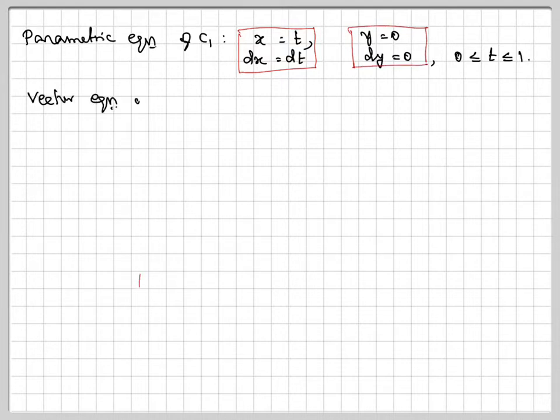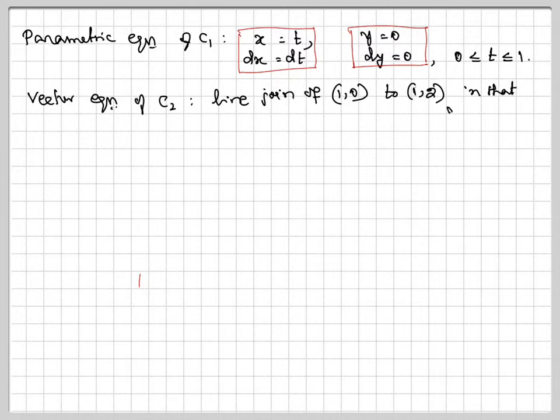Now, similarly, we have to find the vector equation of C2 and its parametric equation, and of C3 and its parametric equation. C2 is the directed line segment from (1, 0) to (1, 2) in that direction.